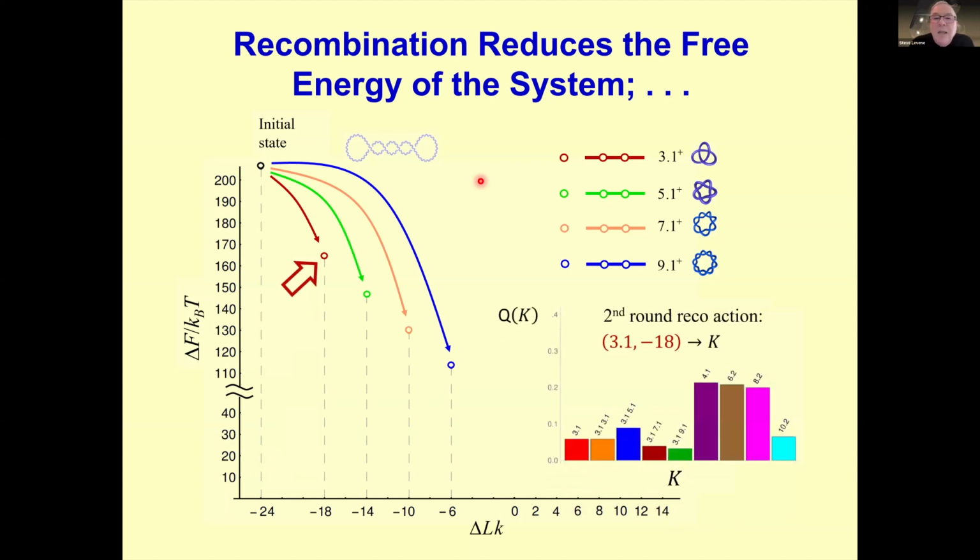Moreover, you would expect after recombination that more complex knot types can form during a second round of recombination. So we're not restricted to only one round of recombination here.